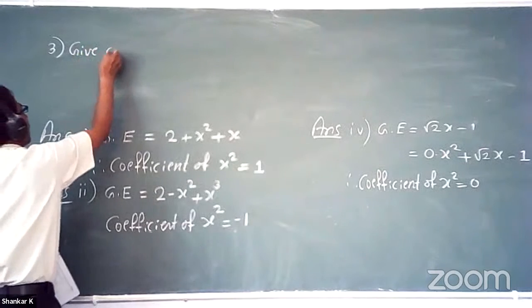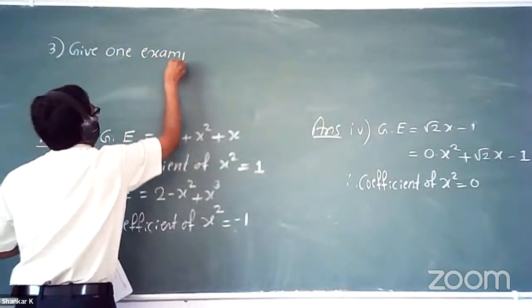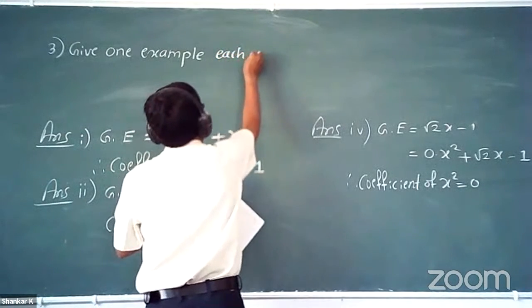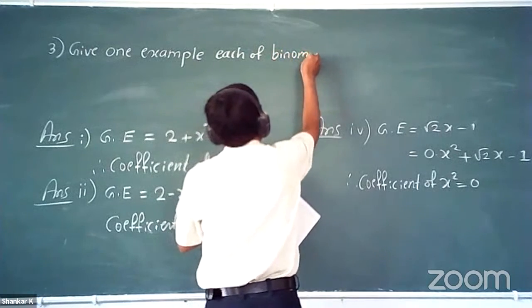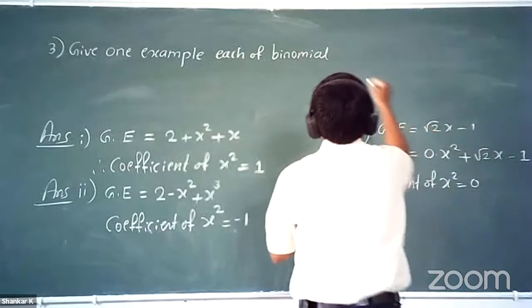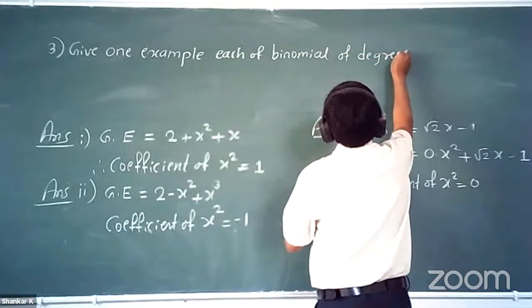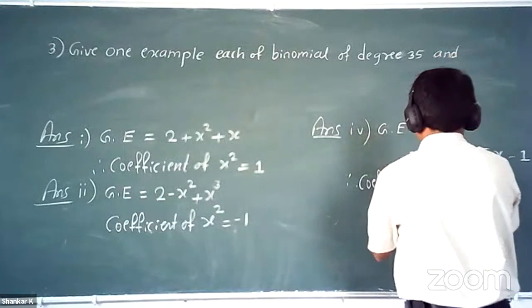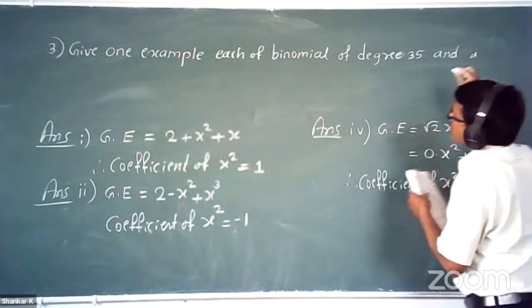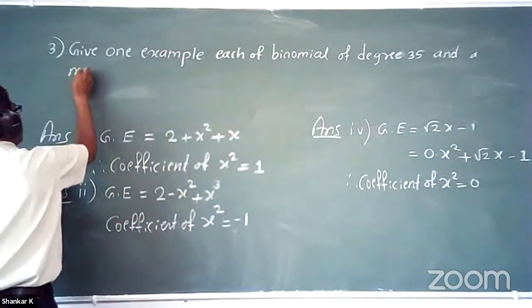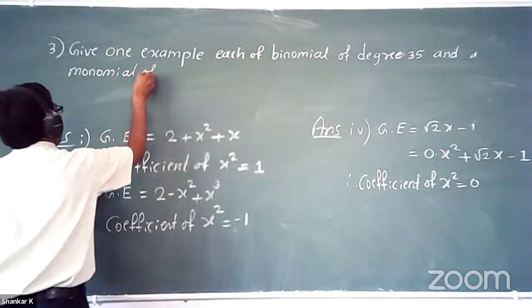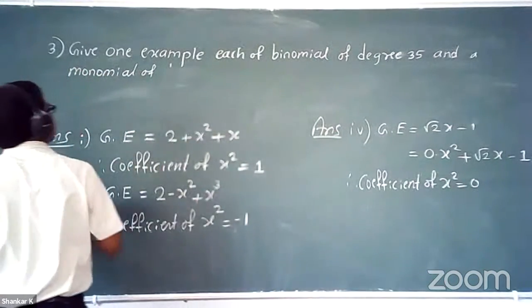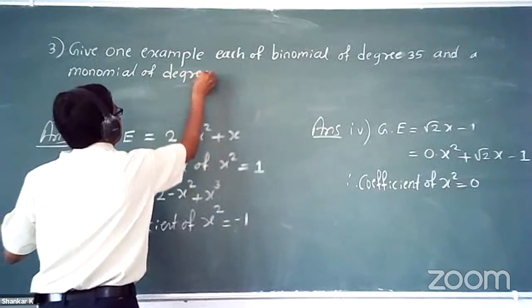Give one example each of binomial of degree 35 and a monomial of degree 100.